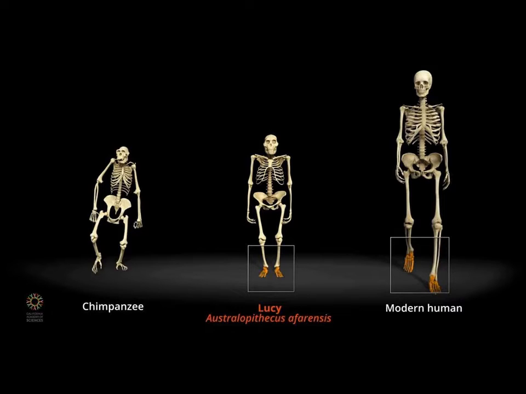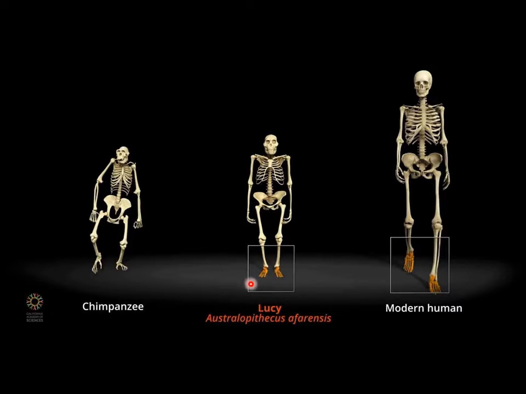Now here you can see the differences between the building plans of chimpanzees, Australopithecus afarensis, and the modern human. As you can see here, you can see the chimpanzee with a small body, and Lucy, which is Australopithecus, is very much alike.